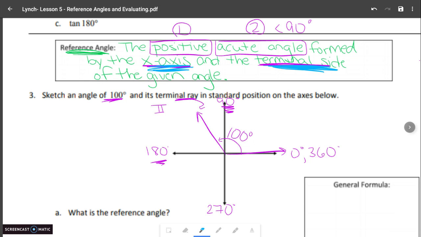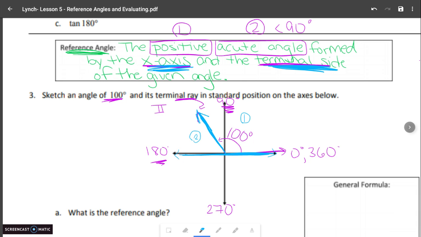So if this here is our terminal side, and right here is my x-axis, there are 2 angles between that terminal side and the x-axis. There's the 100 degrees that we rotated around, and then there's this side over here on the left.